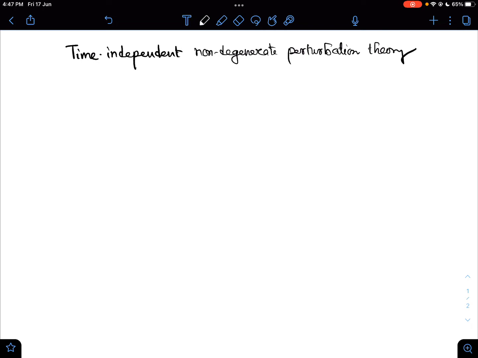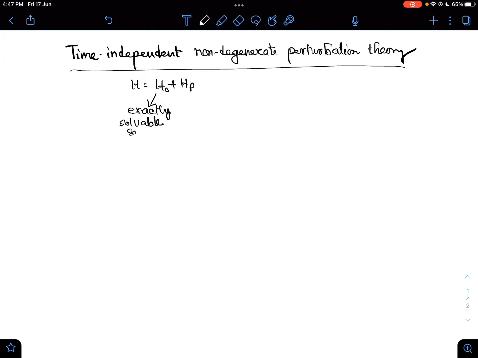Let us briefly recall this. We have our Hamiltonian H equal to H0 plus HP, where H0 is the Hamiltonian of an exactly solvable system, and HP is our perturbative Hamiltonian.